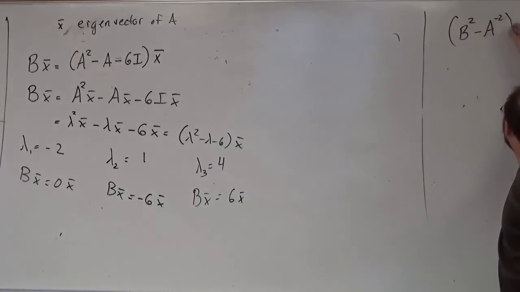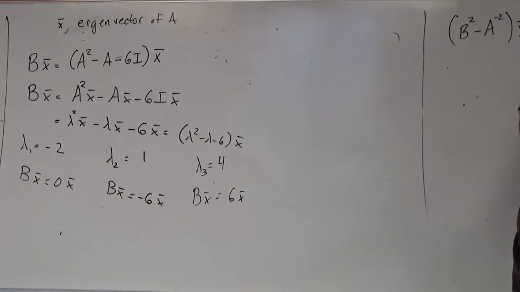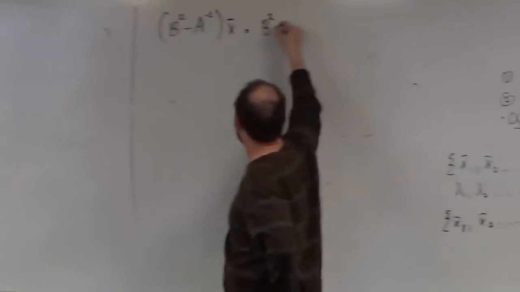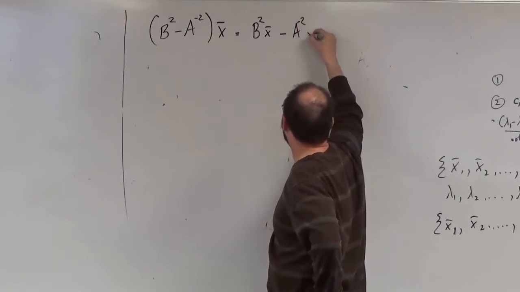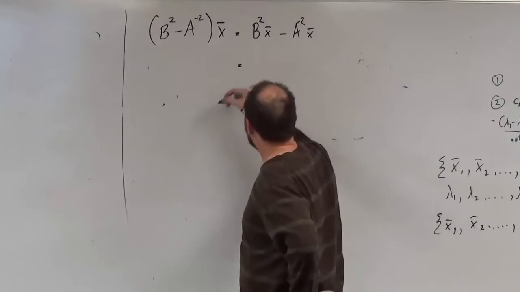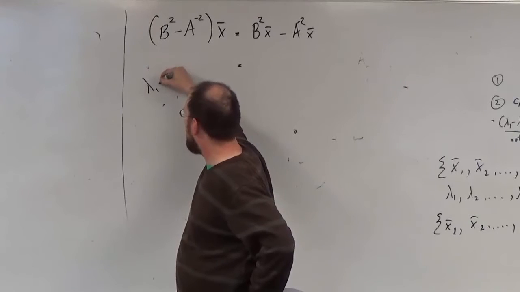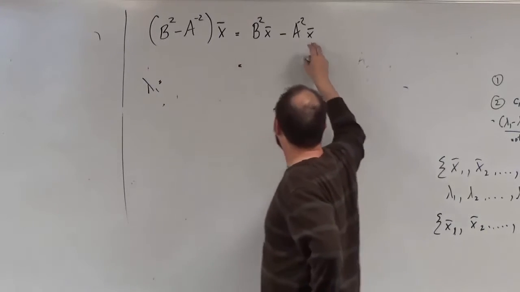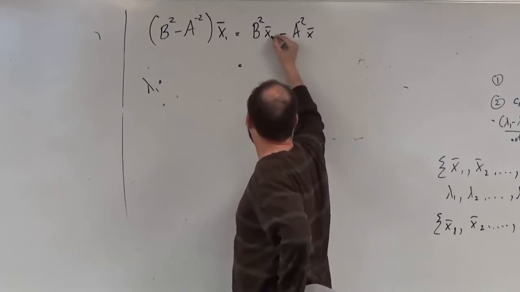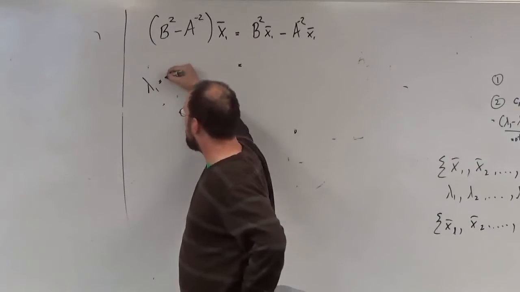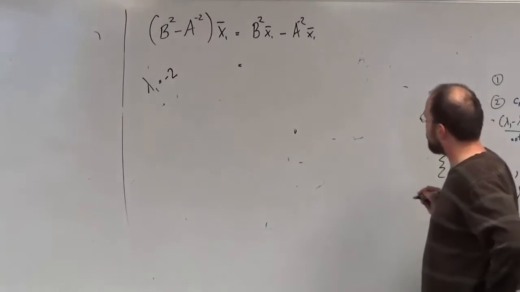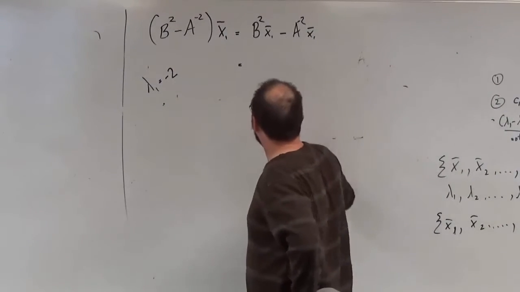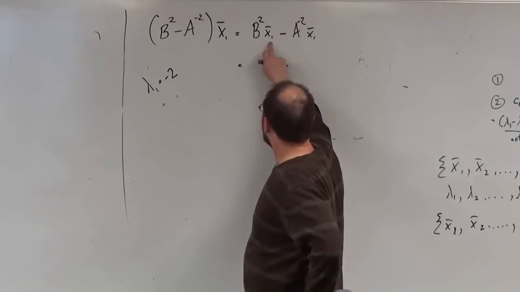But we can also say, okay, suppose x is an eigenvector of A, then we get B squared x. And now, okay, so let's just do an example where this is like eigenvector 1 for matrix A associated to eigenvalue 1 of A. So -2 is the first eigenvalue of A. Okay, well, what's B squared times x1?